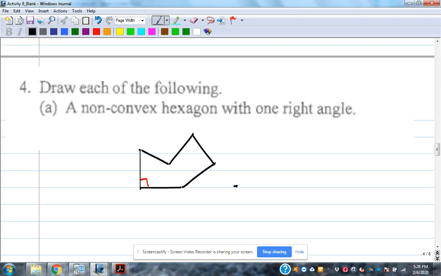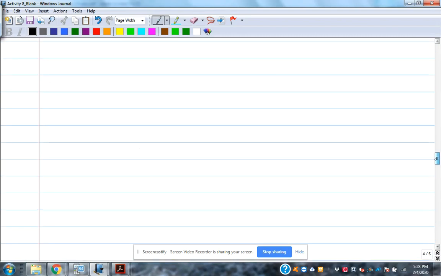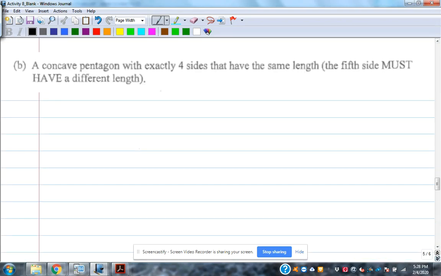The 5th side must have a different length. So if you got your protractor, it's got a ruler on it somewhere. Pick yourself a length. And we're drawing a pentagon. It just means we're used to the pentagon shape that we grew up with.